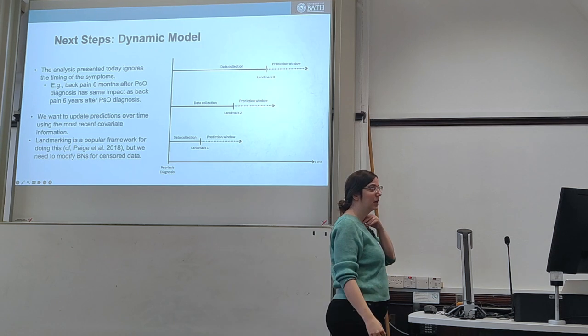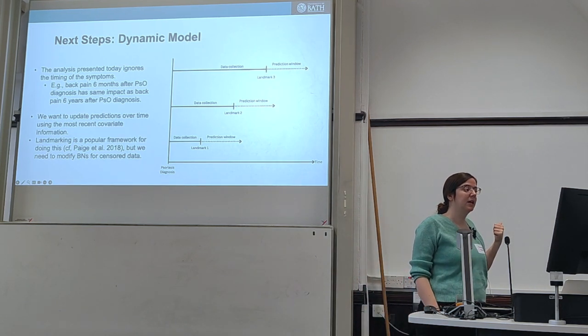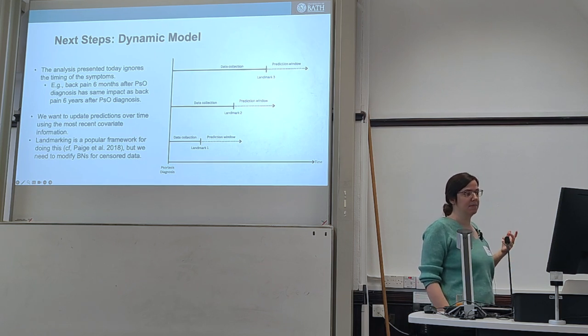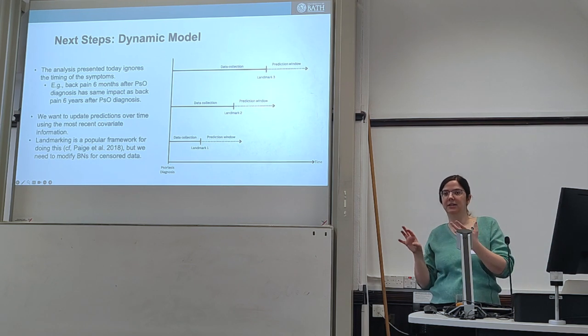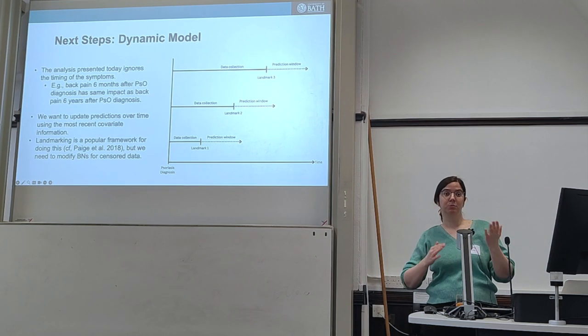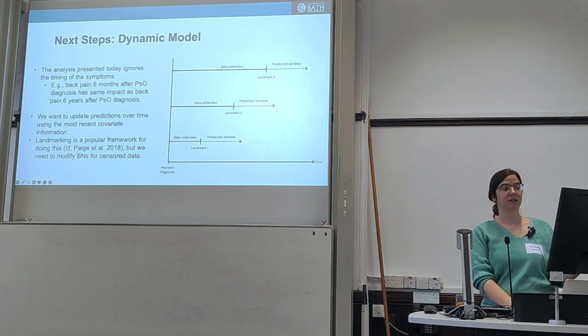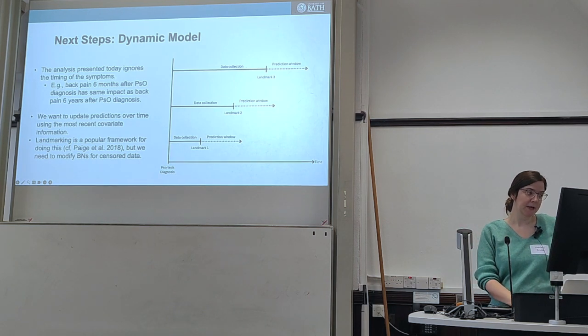This has been used in cystic fibrosis and in predicting cardiovascular events. I think it's gaining popularity, and it also allows you to plug and play exactly the type of model that you use in each prediction window, so it's quite flexible in that way. And we're working on developing a version of landmarking that uses Bayesian networks to do this time-varying prediction of psoriatic arthritis.